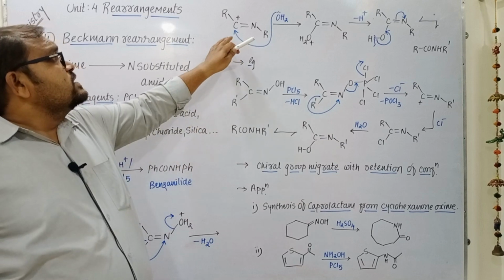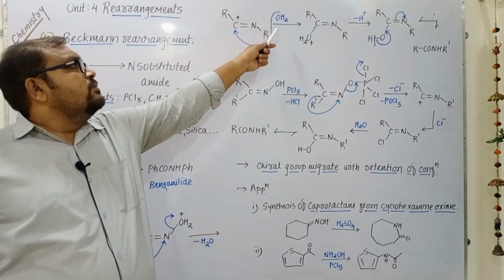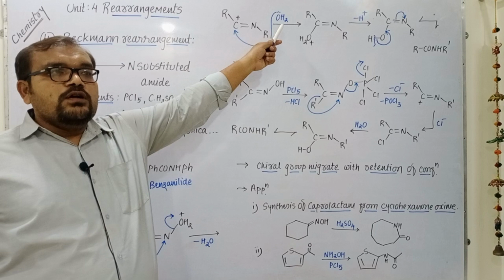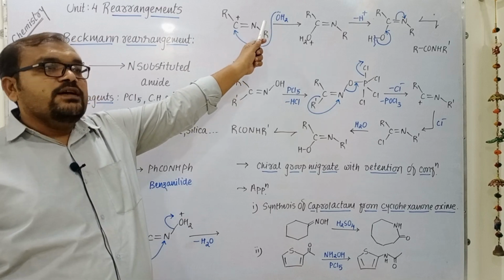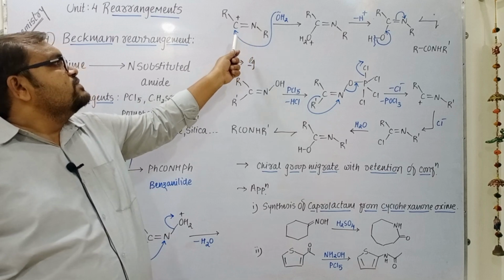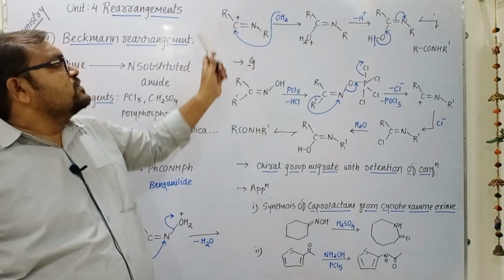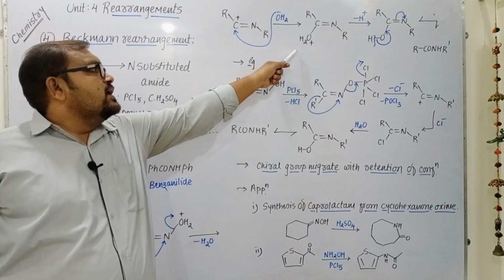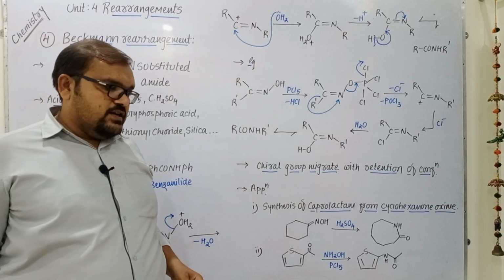After loss of a water molecule we will get such an electron deficient carbocation. Now this carbocation will be attacked by a water molecule, whose oxygen has a lone pair of electrons, which will satisfy the charge of carbon, and we will get such an intermediate.